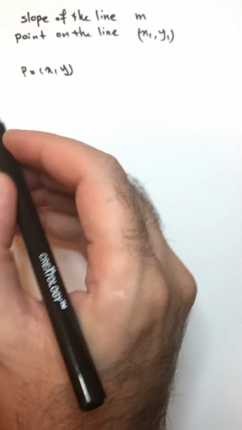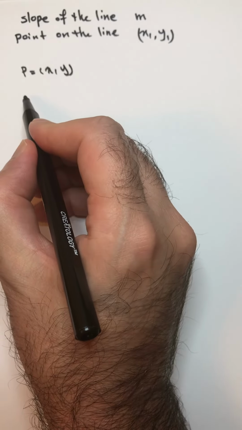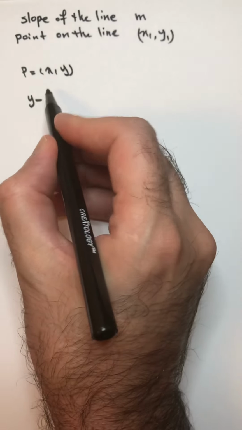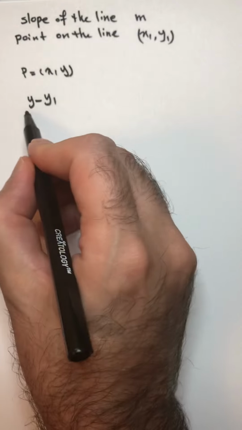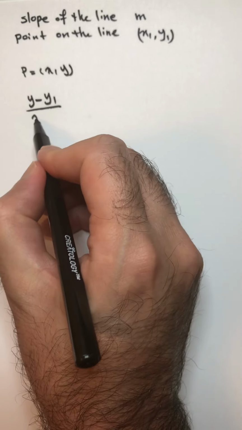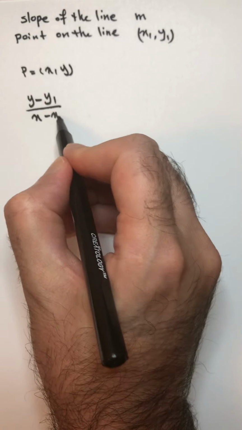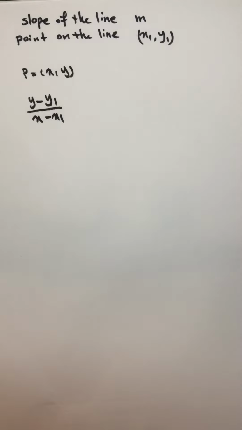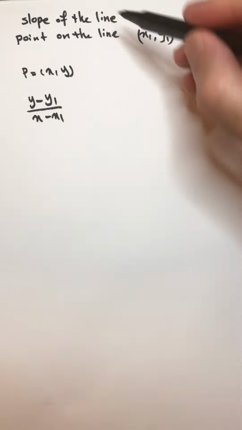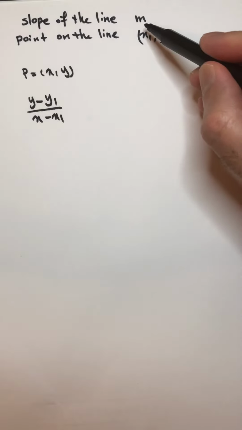Using these 2 points, the slope of the line is y minus y1 divided by x minus x1. On the other hand, the slope of the line is given in this problem, which is m.